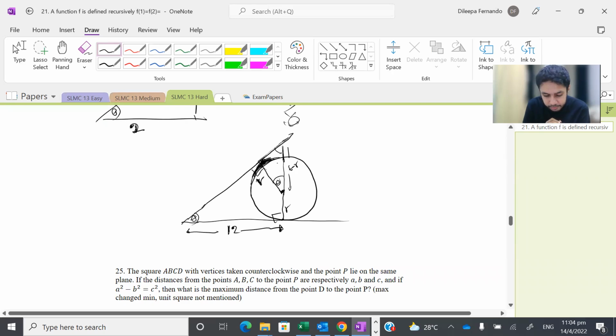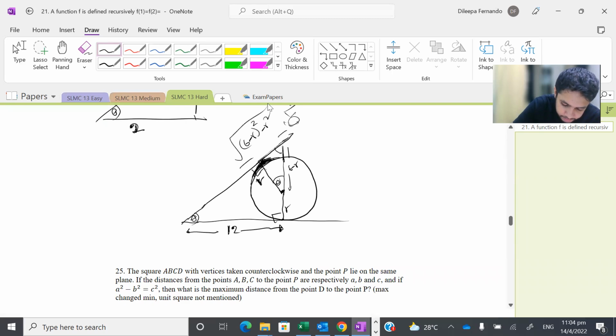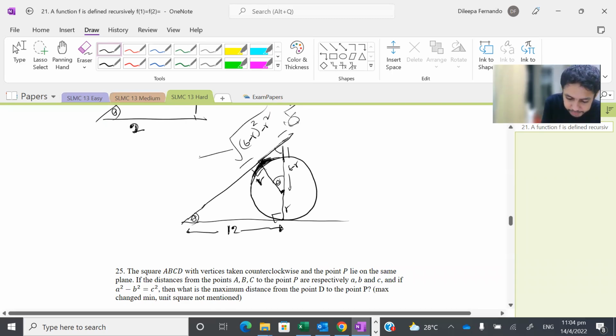And by Pythagorean theorem, this part becomes the square root of (6 minus r) squared minus r squared.